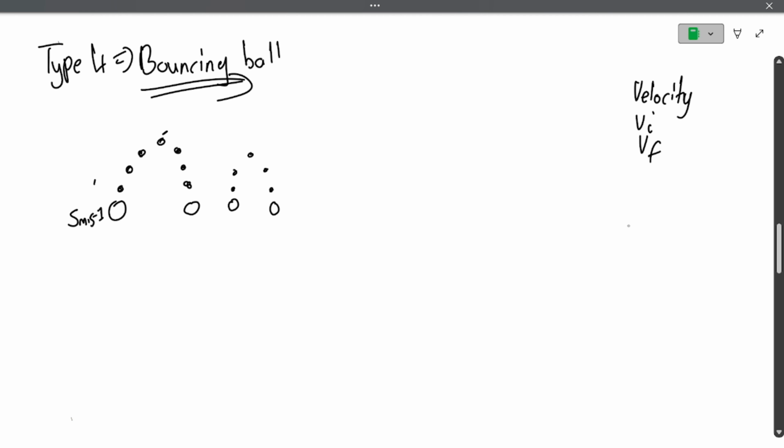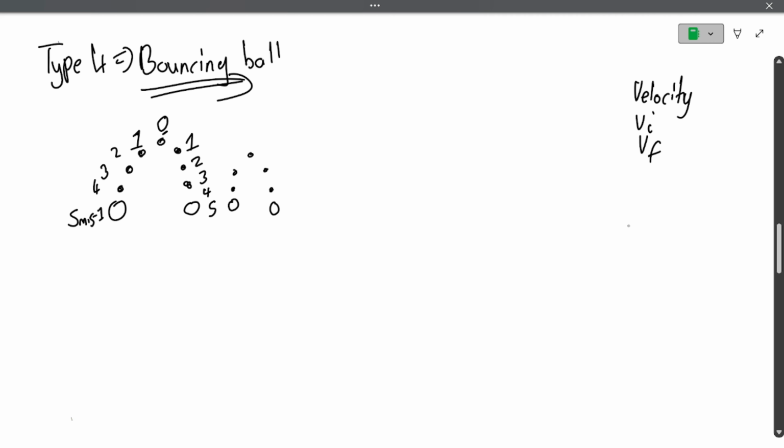So it's going to be 4, 3, 2, 1, until the velocity decreases to 0, which is known as the maximum height. Now because it has no velocity to go up, the velocity is going to increase again: 1, 2, 3, 4, 5.